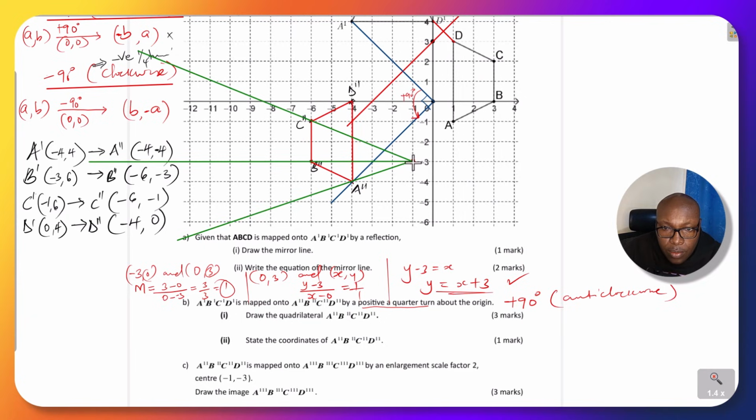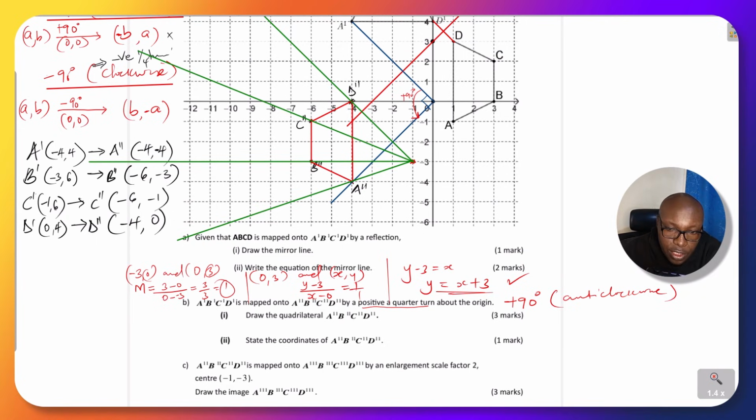Then from the center again to D, like that. So you join all the object points: from the center to A double prime, from the center to B, from the center of enlargement to C, from the center to D.